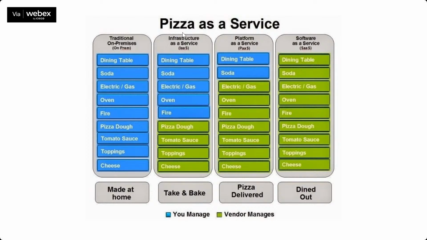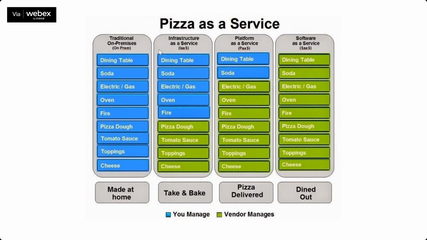So this is an example of what we call pizza as a service. If you just Google for this term, it's a very famous term. This is trying to explain the concept of on-prem, cloud, and the various flavors of cloud. We have infrastructure as a service, platform as a service, and software as a service.